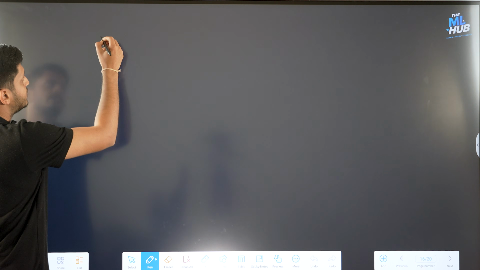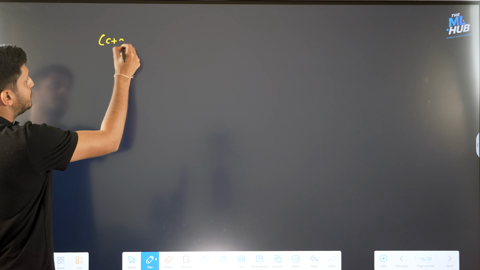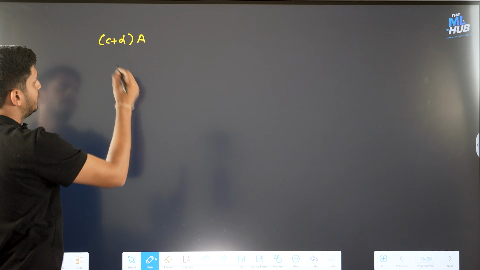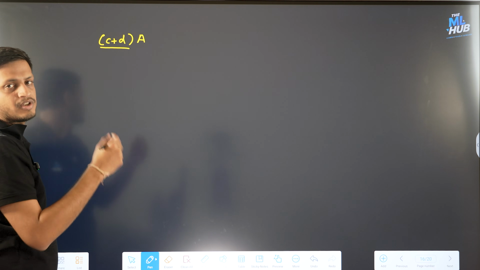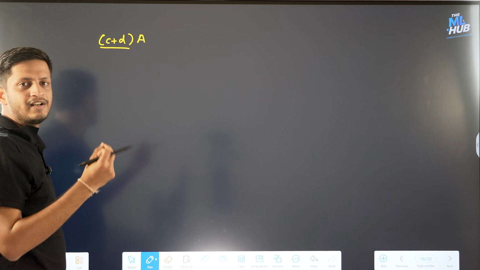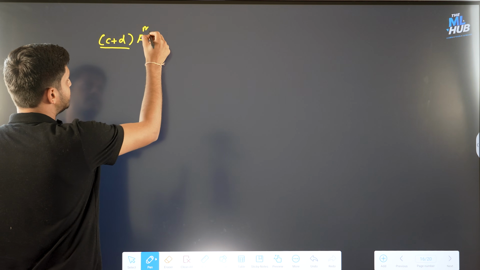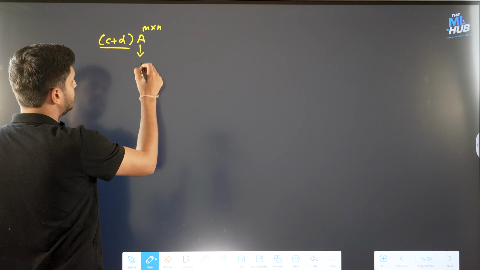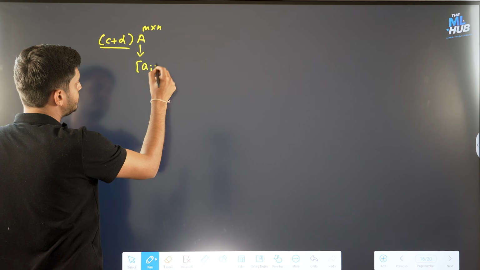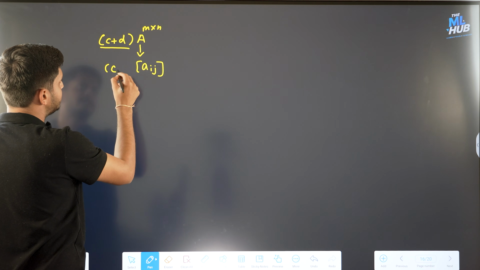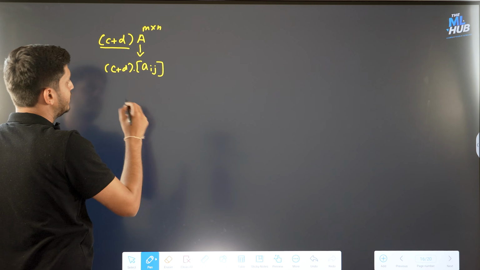We have (c plus d) times A. Okay, c plus d is a scalar, because c is a scalar, d is a scalar, you are adding two numbers, you will get another number. And A is a matrix, let's say of size m cross n, and the ijth element is aij. So you are just multiplying (c plus d) with aij.